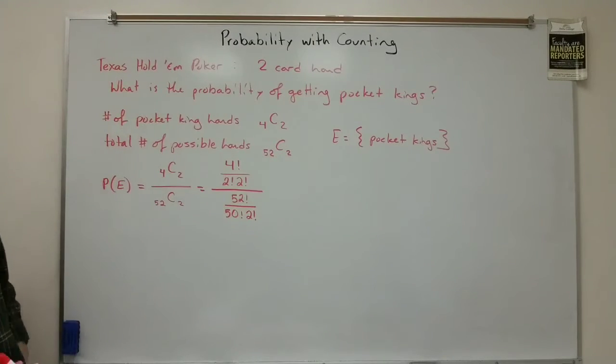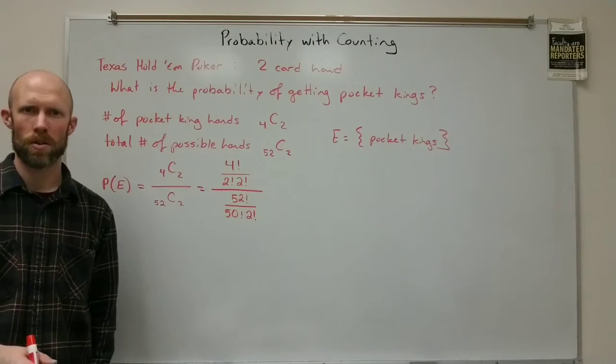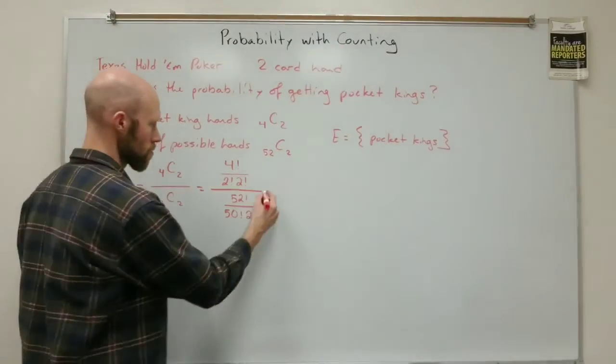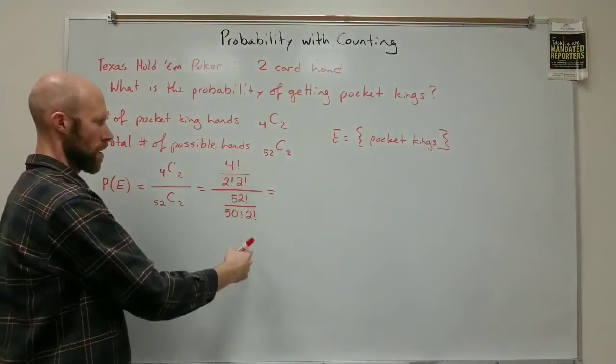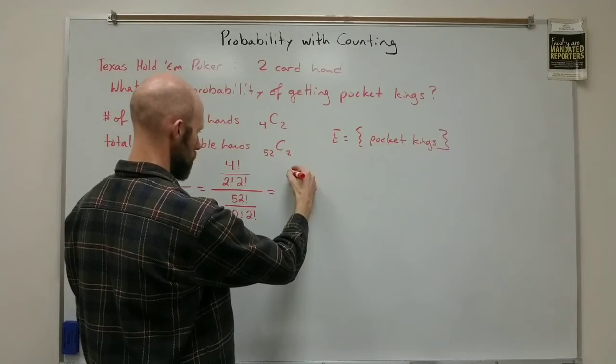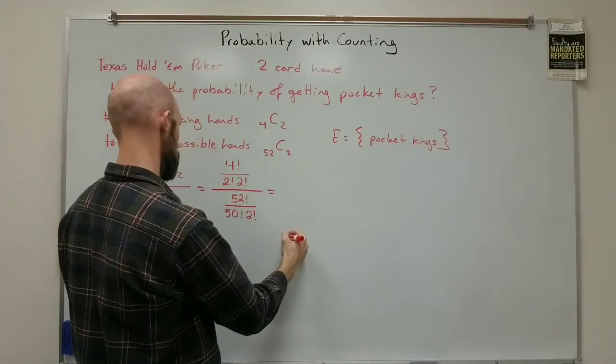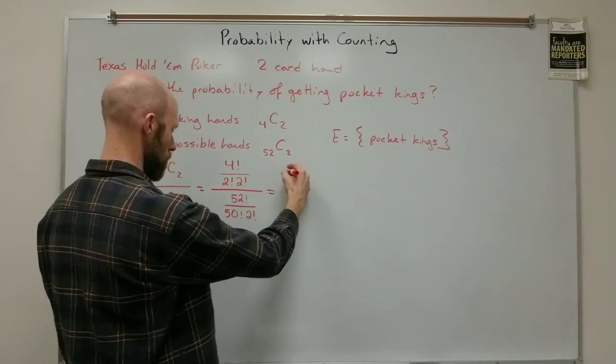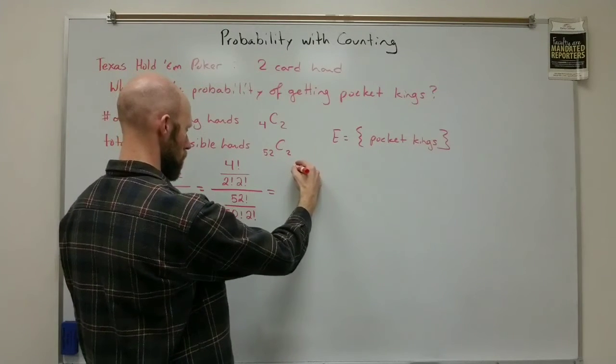Okay, so those are my 2 calculations, my 2 combinations. And then I have to just simplify those. I could do quite a bit of canceling right there.